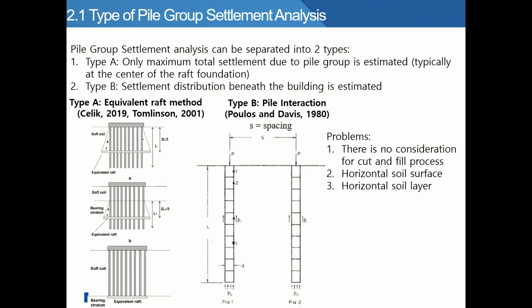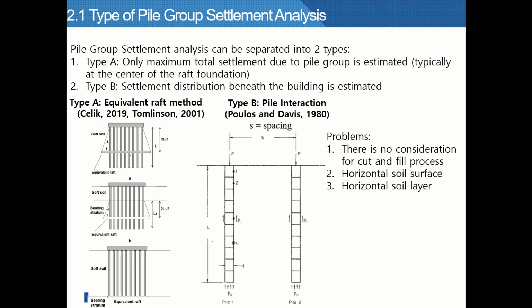If the soil is homogeneous, we typically assume that the raft location is about 2/3 of the length of the pile. So if this is the length of the pile, this is the equivalent raft method. We simply increase the size of the foundation, so that the stress will decrease with depth.